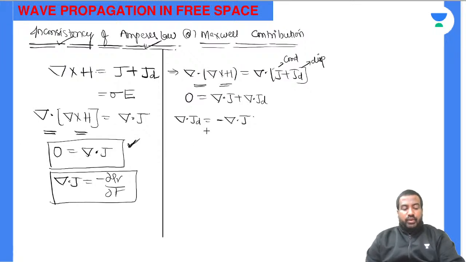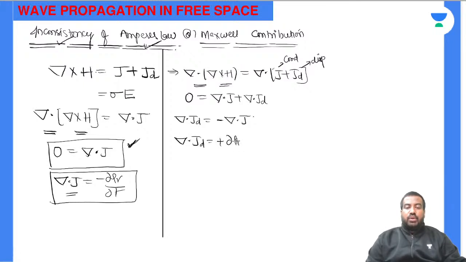But as you know, it must satisfy continuity equation also. According to continuity equation, del dot J is minus dou rho v by dou t. Substitute. Del dot JD is minus of minus dou rho v by dou t.